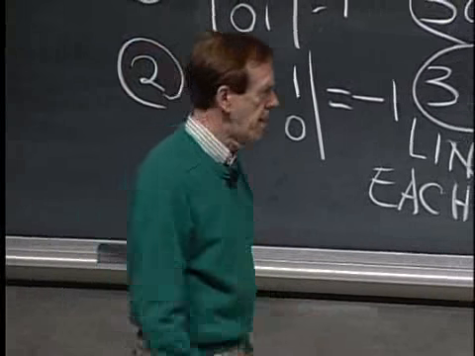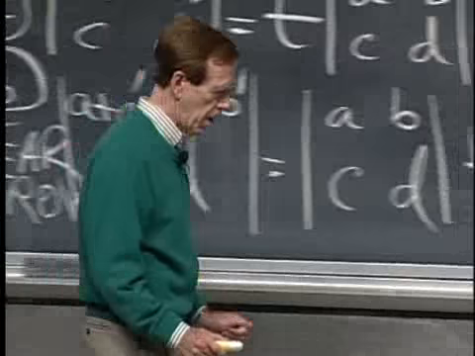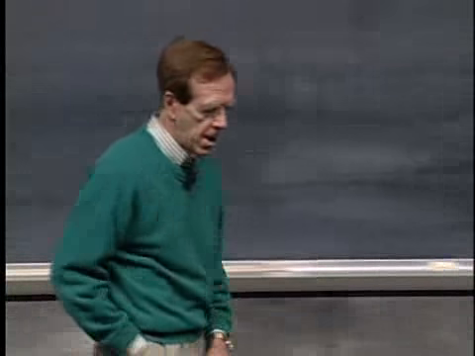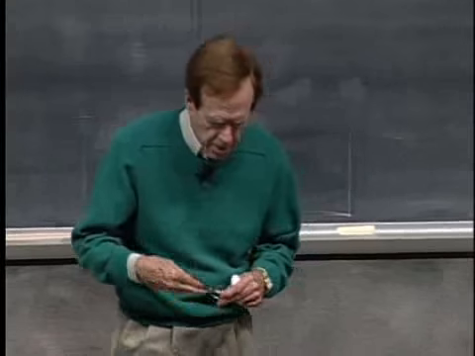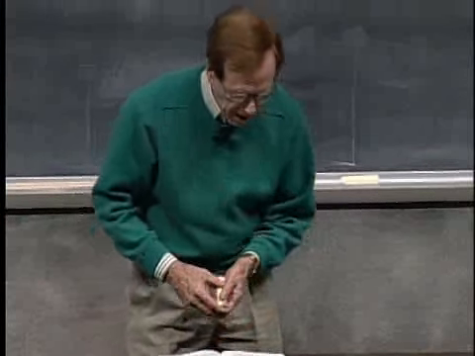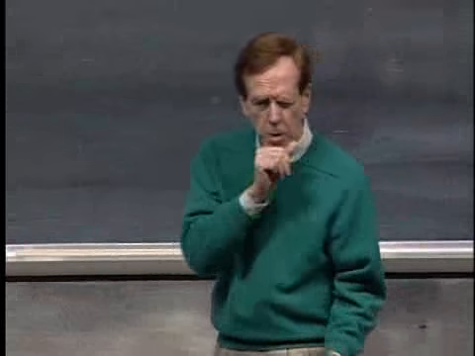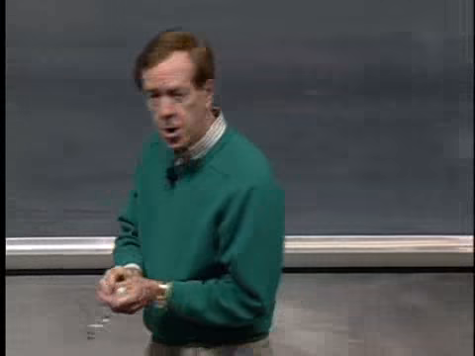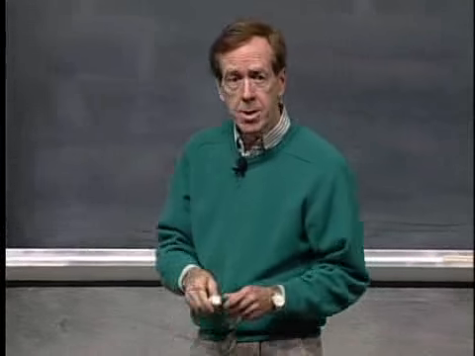Let me take an example. What would I like to learn? Here's property 4. Let me use the same numbering as here. Property 4 is if 2 rows are equal, the determinant is 0.